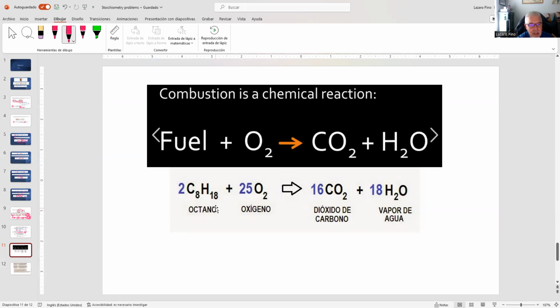For example, octane is gas, the one that we use in our cars. In presence of oxygen it produces CO2 and water. You have to balance the equation. Don't forget that you need to balance the equation in order to get the ratios of the reactants and products in the chemical reaction.